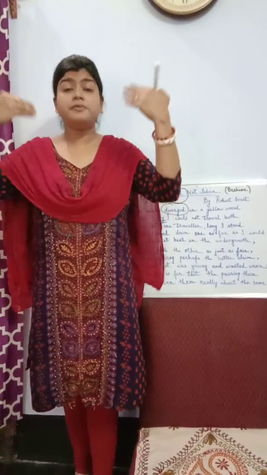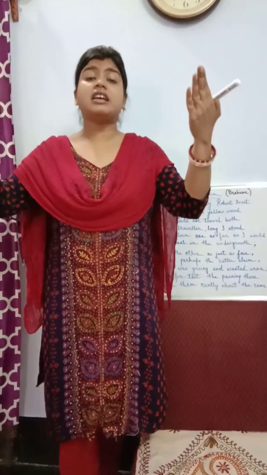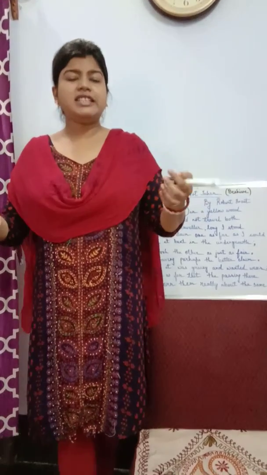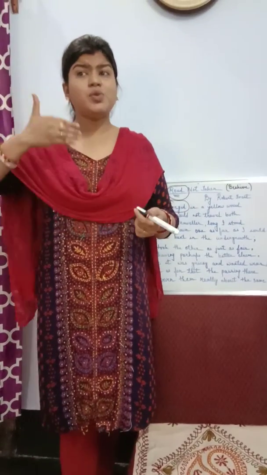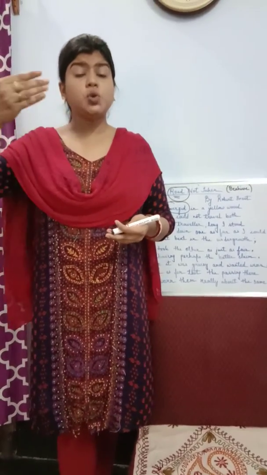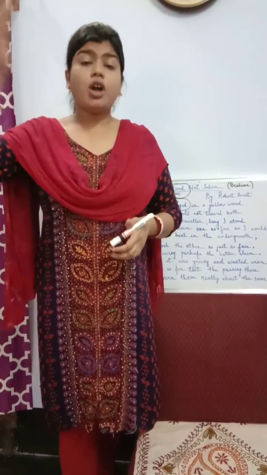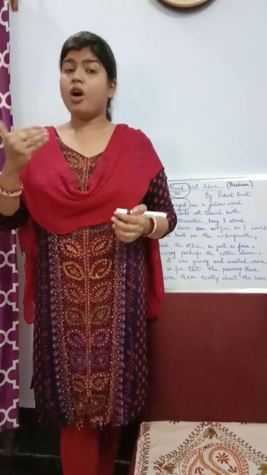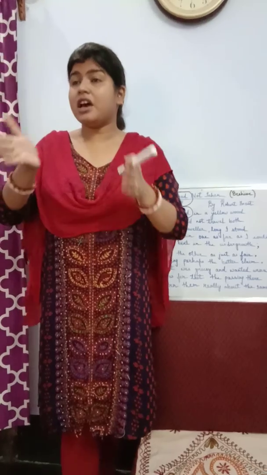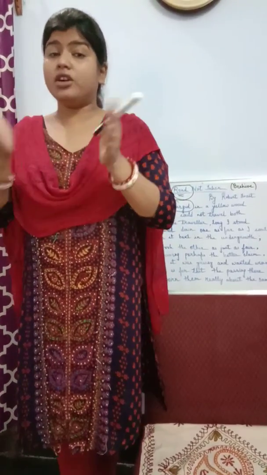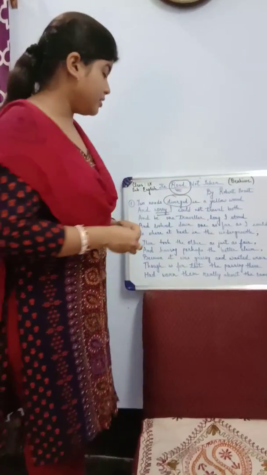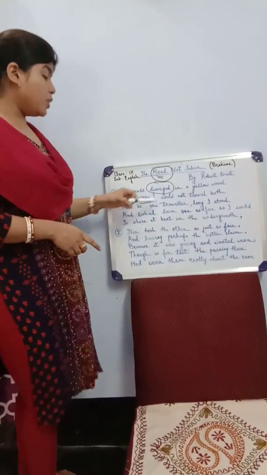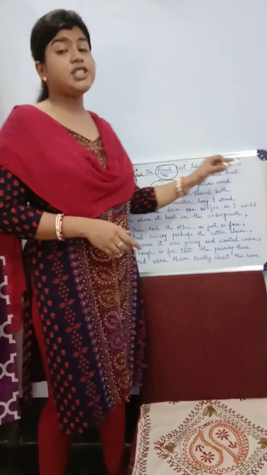Because what is in front of him is unknown to him. The poet does not know what his life will be after choosing those roads, or what the afterlife will be after going through either of them. So, and be one traveller, long I stood.